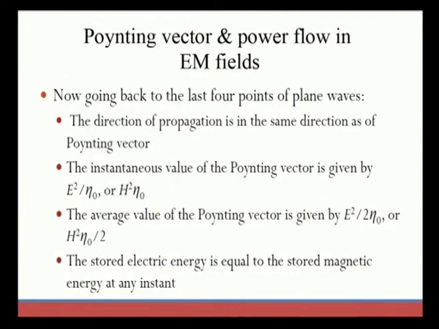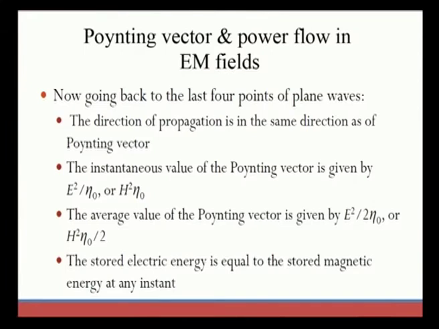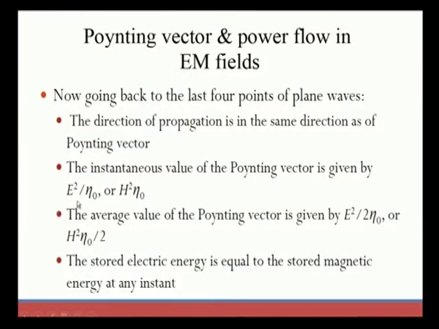Next we move on to the last 4 points for a plane wave. We need to consider this for a Poynting vector in a plane wave: the direction of propagation is always the same as the direction of the Poynting vector. From the derivation of the Poynting vector, we found that the direction of propagation is in the same direction as the Poynting vector. The instantaneous value of the Poynting vector is given by E square divided by eta naught, or H square into eta naught.